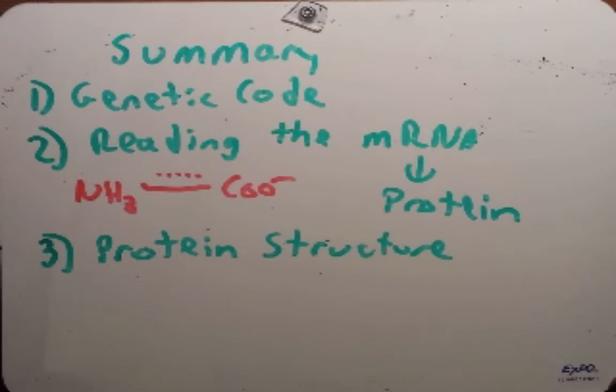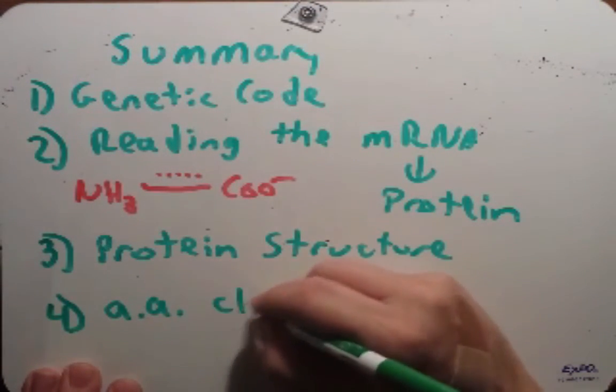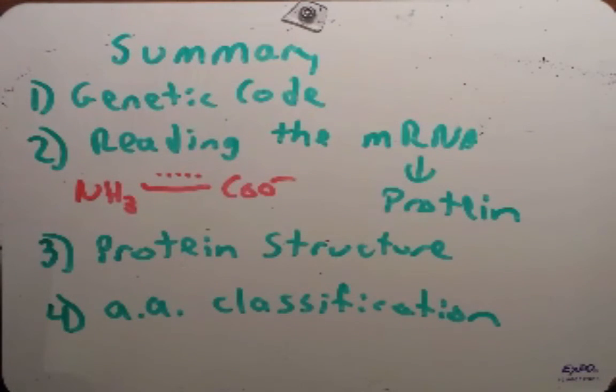And then you should know the basic structure of an amino acid that we talked about at the very end. So we'll say the last thing here, amino acid classification. That is that amino acids are either polar, nonpolar, aromatic, or polar neutral. And that these characteristics allow that protein to fold in a proper way, where we have charges on the outside of the protein and hydrophobic or nonpolar amino acids on the inside of that protein.